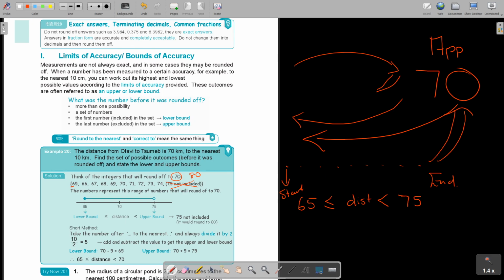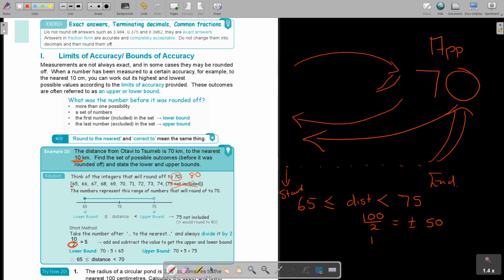The short way of doing it is I always read the question. If they say, to the nearest 10, then I take that value of 10 and I always divide it by 2. Always. And I get 5. So if it was to the nearest 100, I will say 100 divided by 2 and I will get plus minus 50.